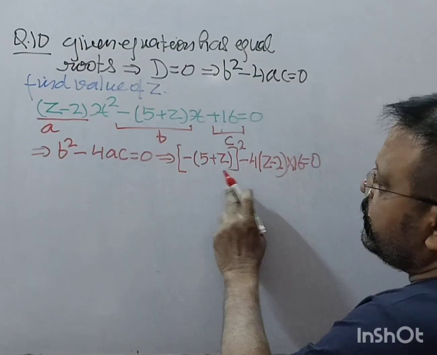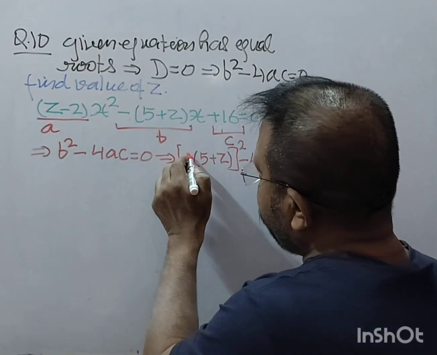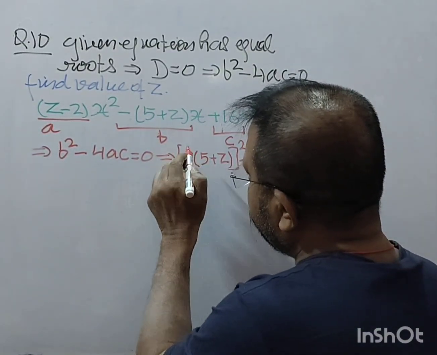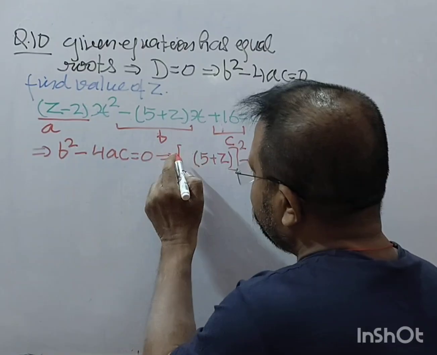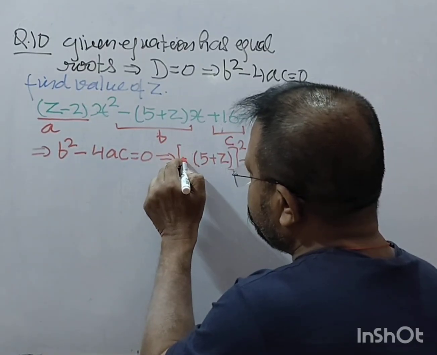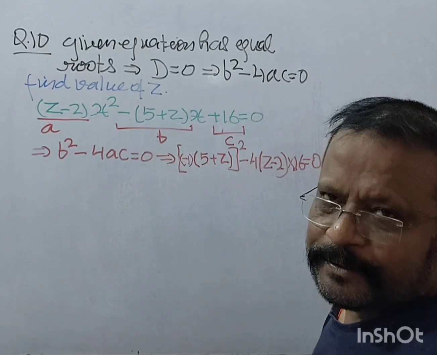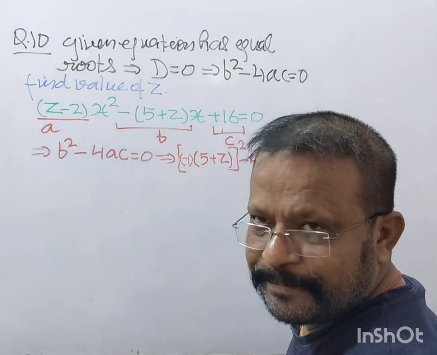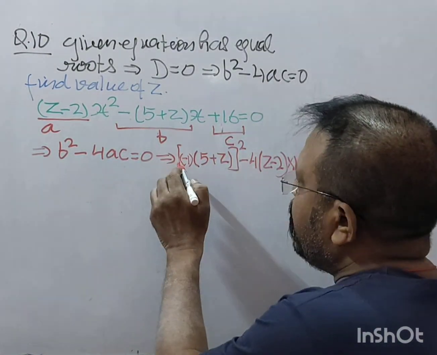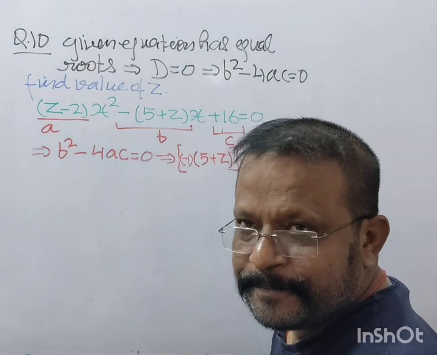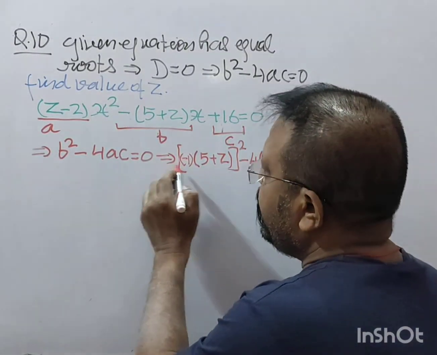If I write here minus 1, minus 1 square is 1. So it will be 1.